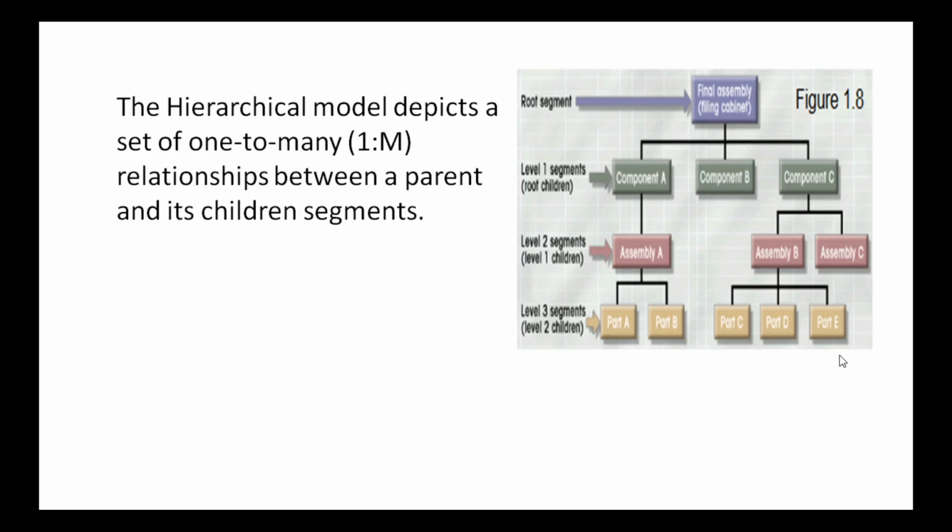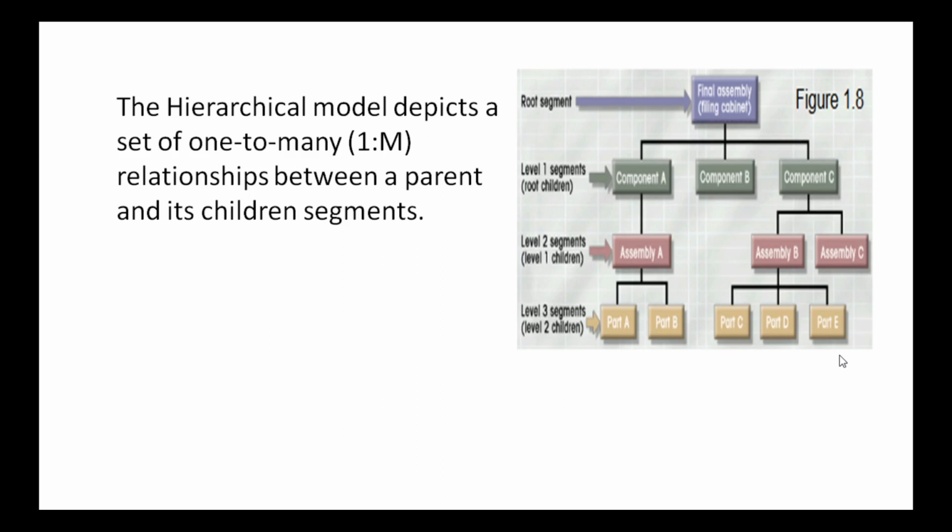The top segment is known as the root segment. The next level segments directly beneath the root segment are called level 1 segments, which are children to the root segment: component A, component B and component C. Coming to the next level, level 2 segments, assembly A is a child to the component A parent segment.